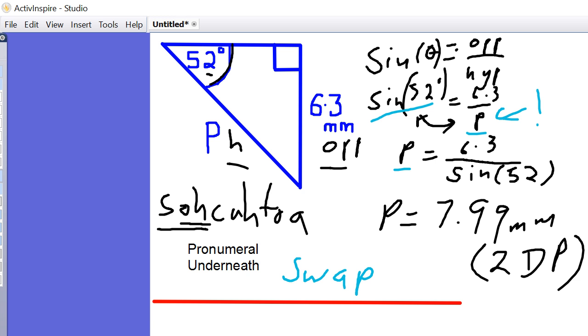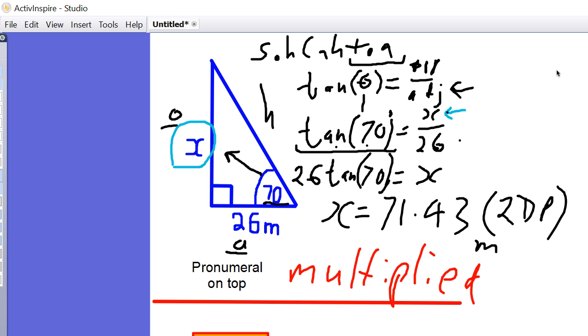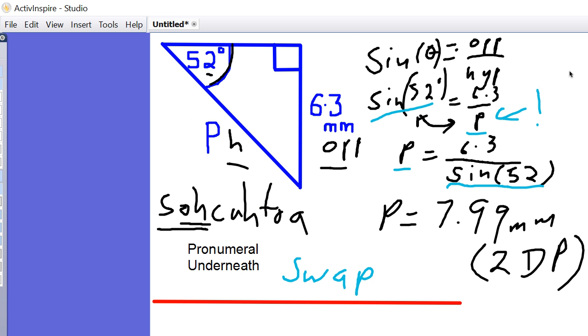So the pronumeral went to the top and the ratio went underneath. So there are only 2 types of finding a side question: where the pronumeral is on top and you multiply to get it by itself, or the pronumeral is underneath and you swap their positions. They could be sine, cos or tan, but the pronumeral will be on the top or underneath.